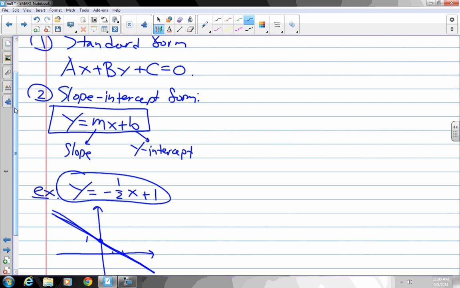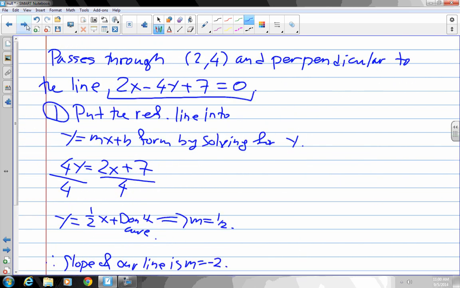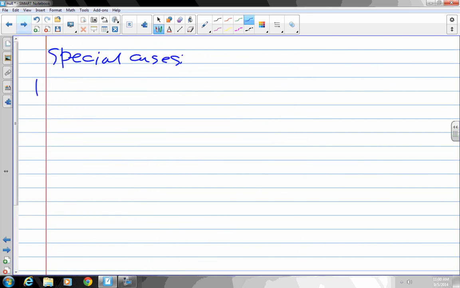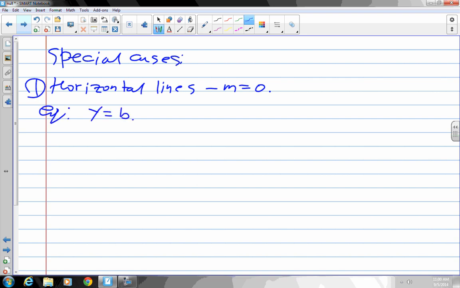It will hit the y-axis at whatever b is, but that b will not change along any points. So the equation of a horizontal line: slope equals 0, and the equation is y equals b.